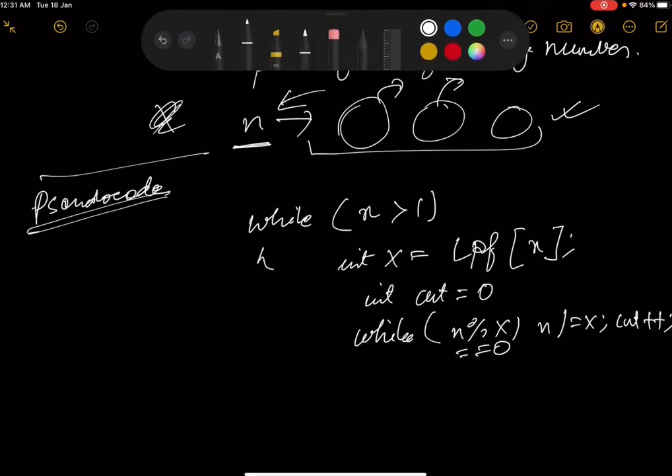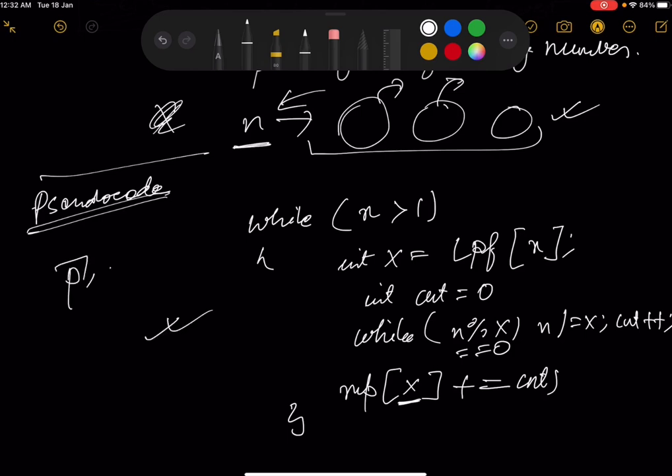After doing this, you add this count to your map: mapping of x plus equals count. You declare the map outside this while loop, or you can just use a hash map, and calculate the total frequency of the prime number x over all the numbers. In this way you can calculate every prime number p and how many times it occurs in a number a of i, and sum it up over all the values of ai.